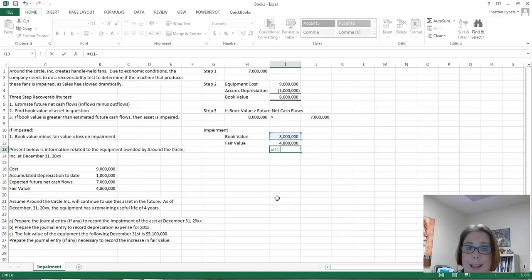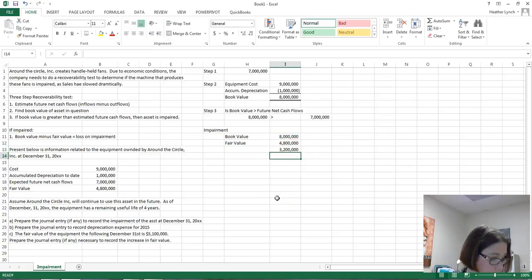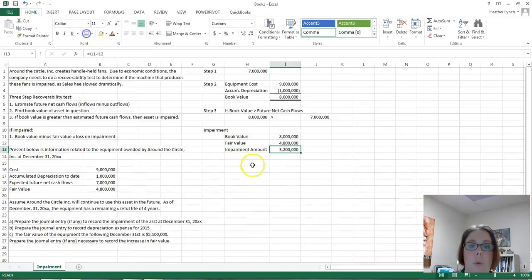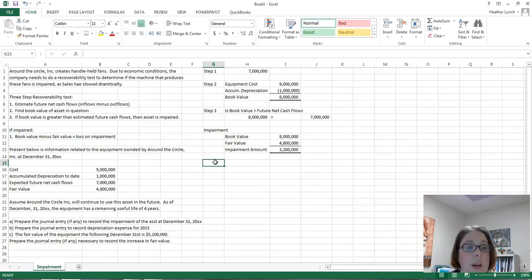Subtract those. That gives you your impairment amount. Okay, so we need to prepare the journal entry. Step 1, 2, 3, and then if it's impaired, considering the 4th step, that is the impairment.